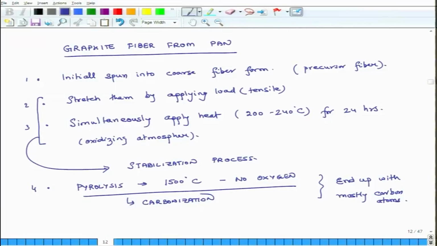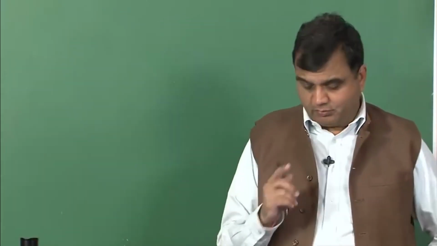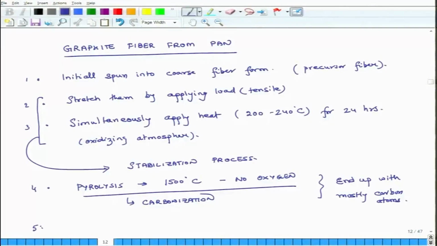Now, they are carbon atoms, but they may not be in graphite form, because carbon can exist in different forms. Okay. So, they may not be in a graphite type of structure, but now you are left with more or less carbon, and to put them in graphite form, finally you subject them to 3000 degrees C in an inert atmosphere.